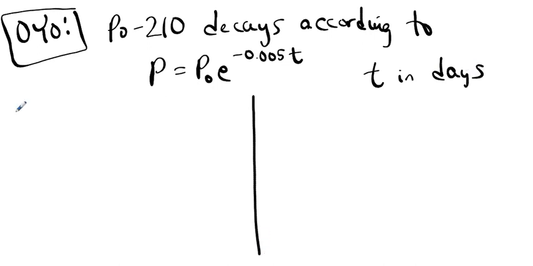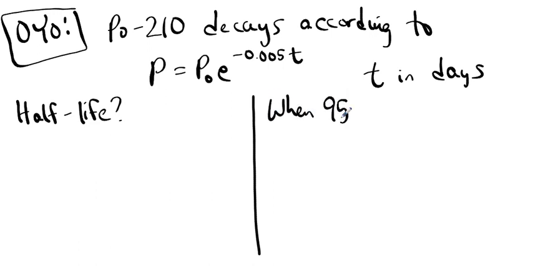I want to know a couple of things. I want to know the half-life of polonium-210 to the nearest day, and I want to know how long until 95% is gone. And if it's helpful to you, stick a number there, like 100 or whatever.